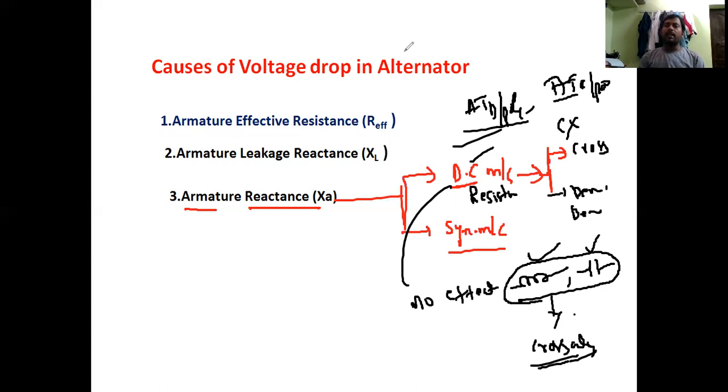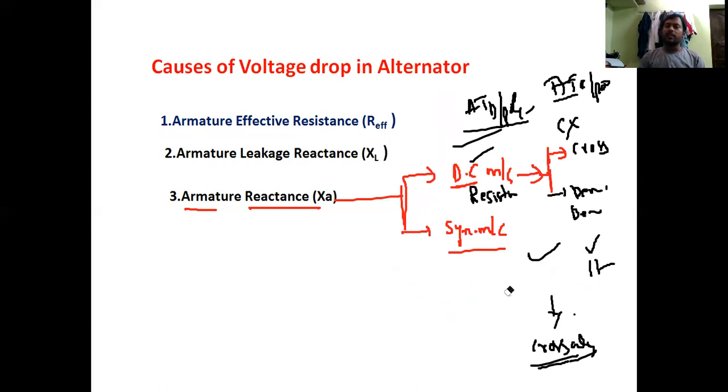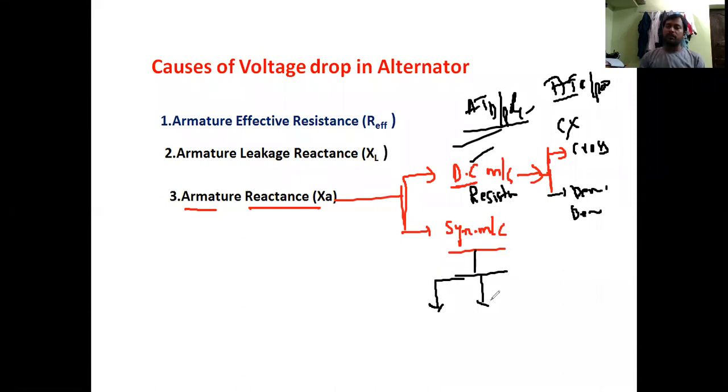But unlike DC machines, if you take a synchronous generator, synchronous machines are affected by resistive loads, inductive loads, and capacitive loads.